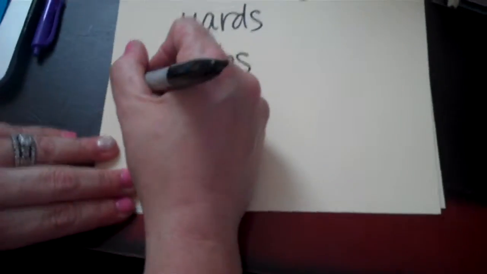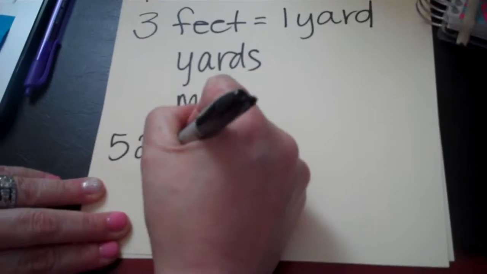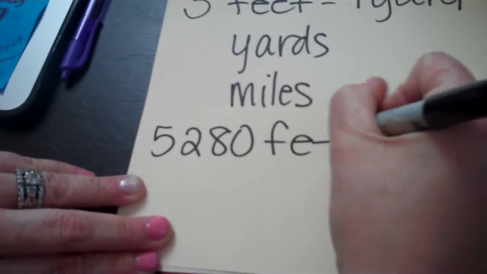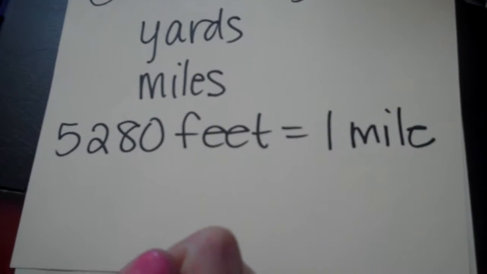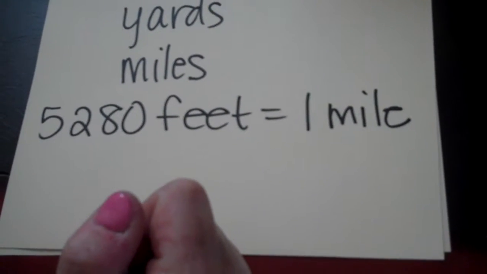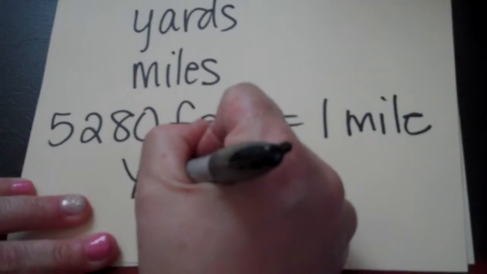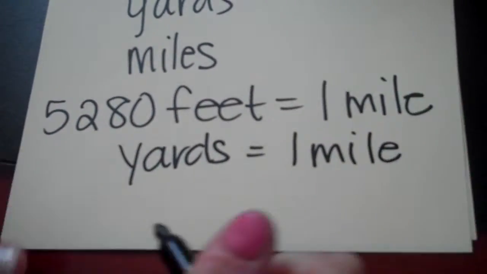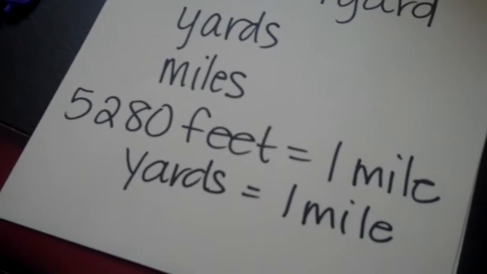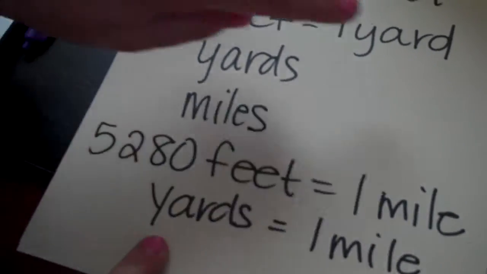So let's go back and talk about how many yards are in a mile and then how many feet are in a mile. So there's 5,280 feet in 1 mile. And if we're going to take that and determine how many yards there are in 1 mile, we needed to go back and look at there are 3 feet in 1 yard.